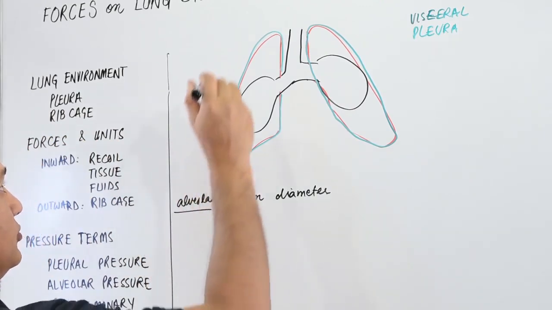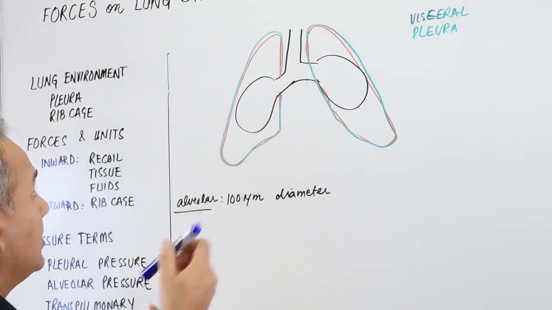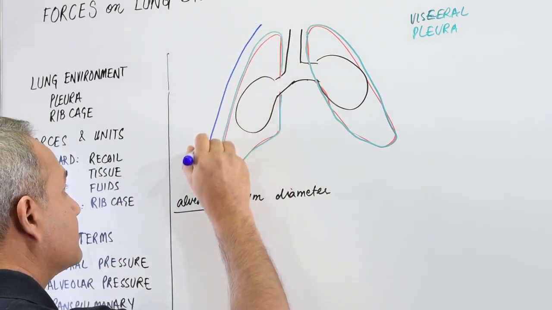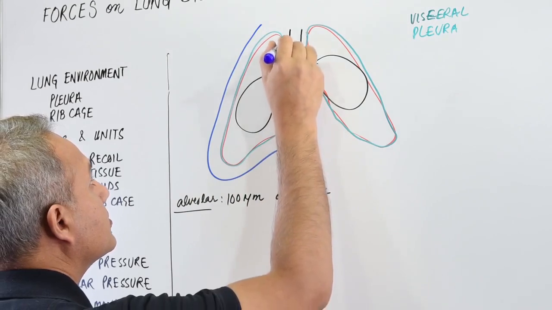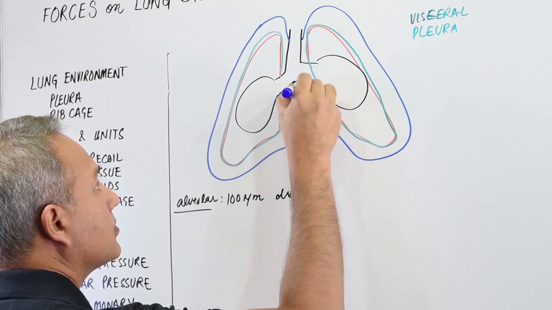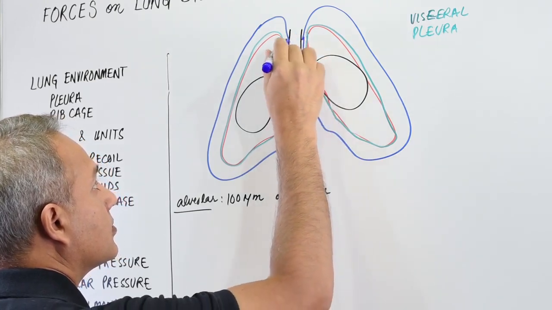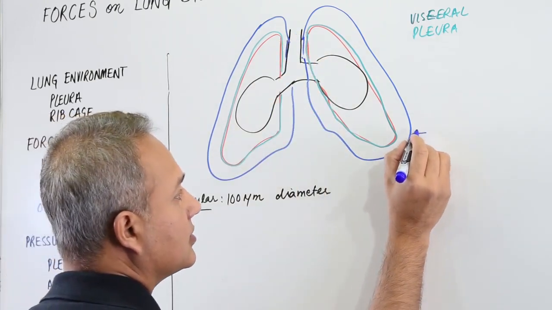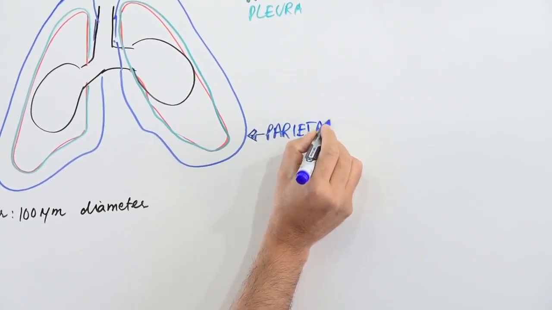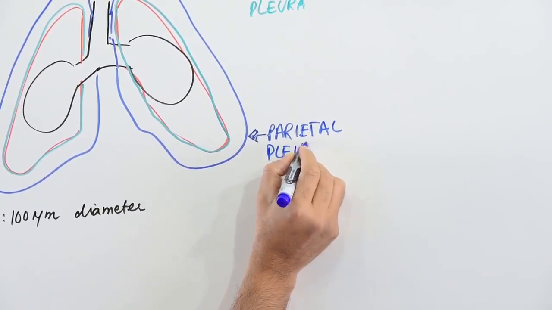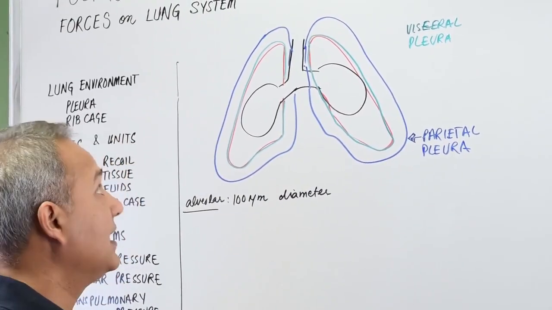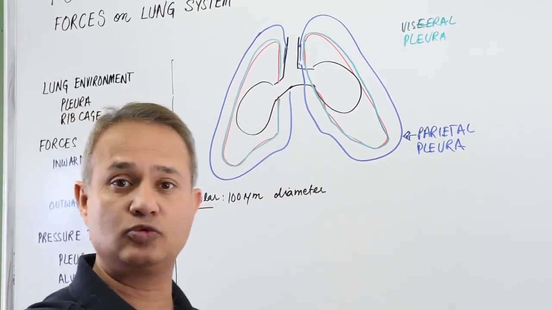Then we have the parietal pleura, a layer separated from the visceral pleura. The parietal pleura, or the outer pleural layer, is adherent to the inner chest wall cavity.